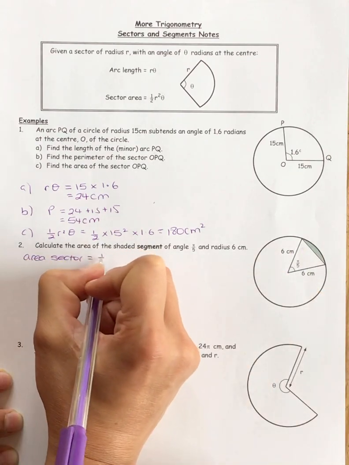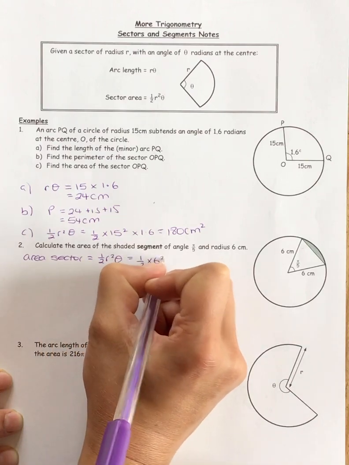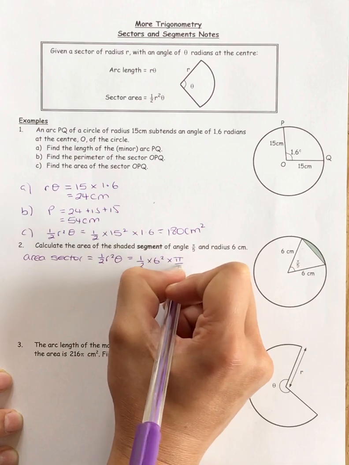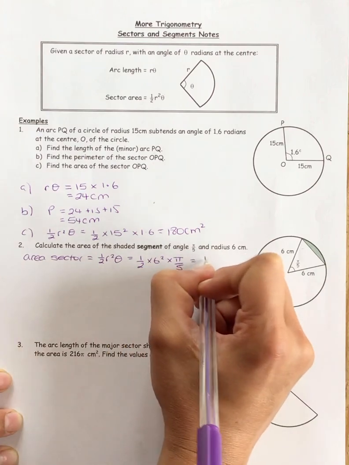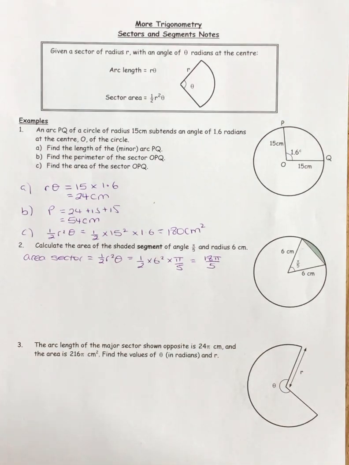The area of the sector is a half r squared theta, so a half times 6 squared times pi over 5, and that gives us 18 pi over 5. I'll leave it like that for now so that I don't have to do any rounding and lose any accuracy.